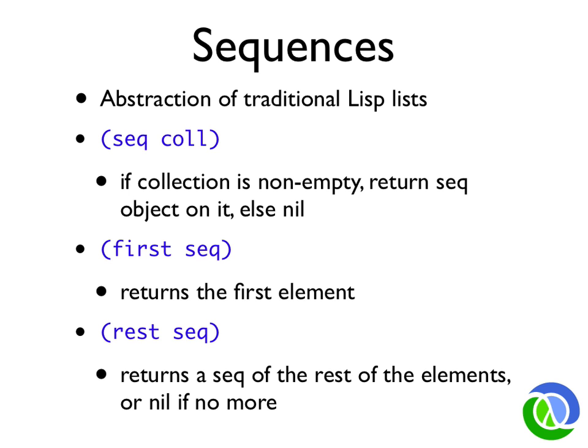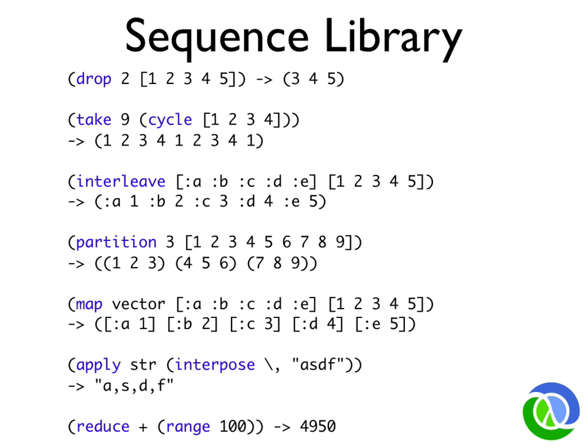That's called laziness. And in fact, all of the sequence stuff I'm showing you for Clojure is lazy, which means that you can write sequence functions that return infinite sets. And you can use them as long as you don't try to consume all of them. You can consume a little bit of them. So in this case, we're making an infinite sequence out of 1, 2, 3, 4, and we're taking the first 9 things from it.